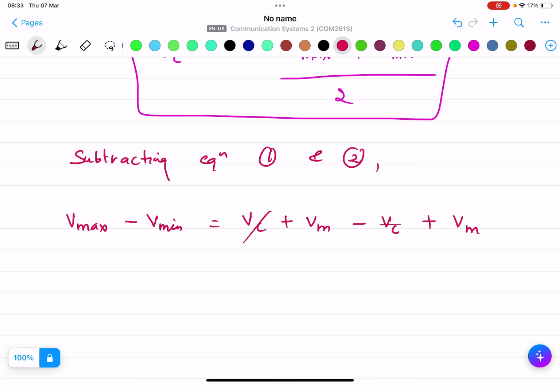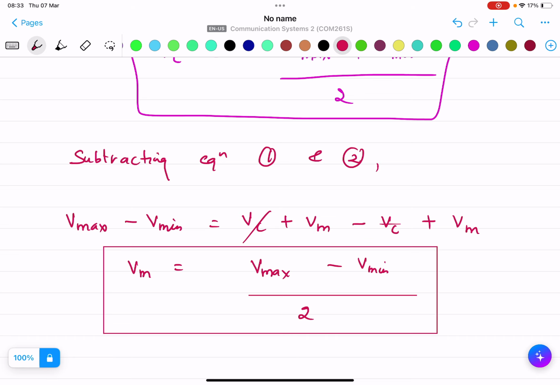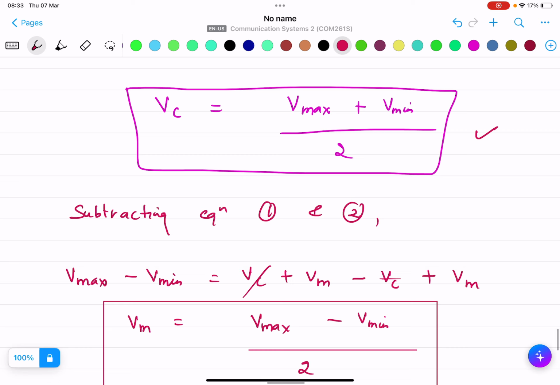So in this case Vc and Vc cancel out and we get Vm equals to Vmax minus Vmin by 2. So this is the formula if we want to deduce Vm in terms of Vmax and Vmin.